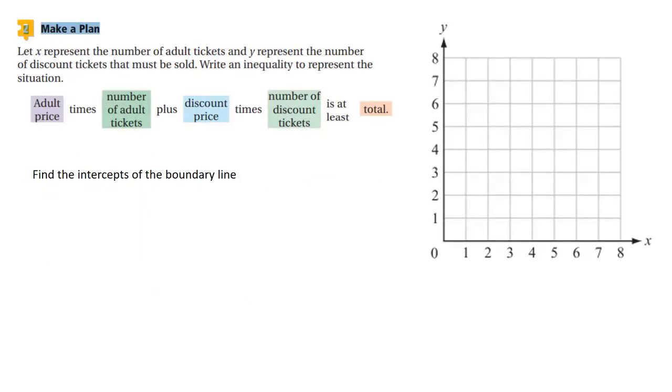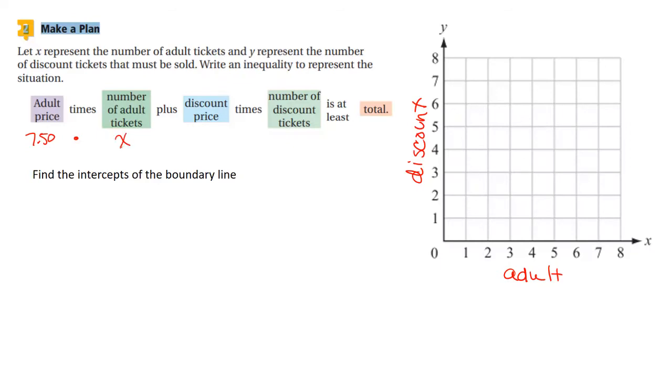All right, so let's make our adult prices be the X's, and let the Y be our discount prices. So our adult price is $7.50, and we're going to multiply that by the number of adult tickets sold.